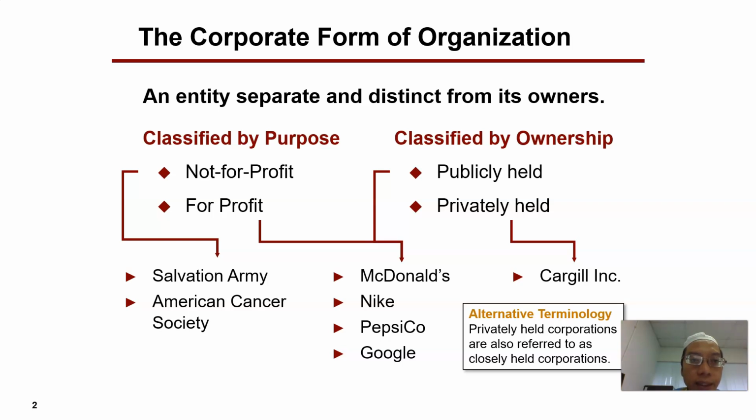A company is an entity that is separate and distinct from its owners, and it has both legal separation as well as economic separation.